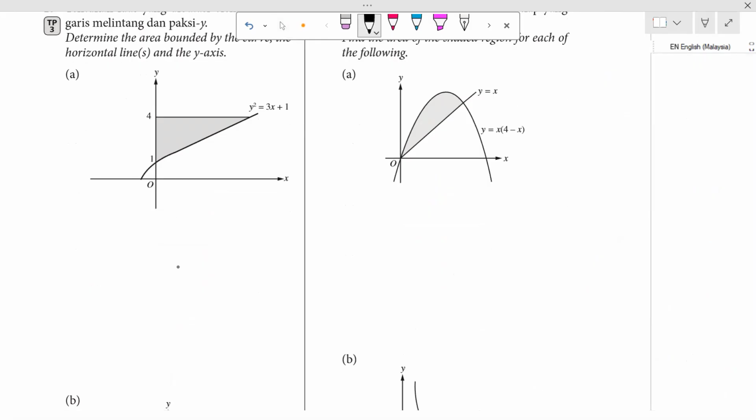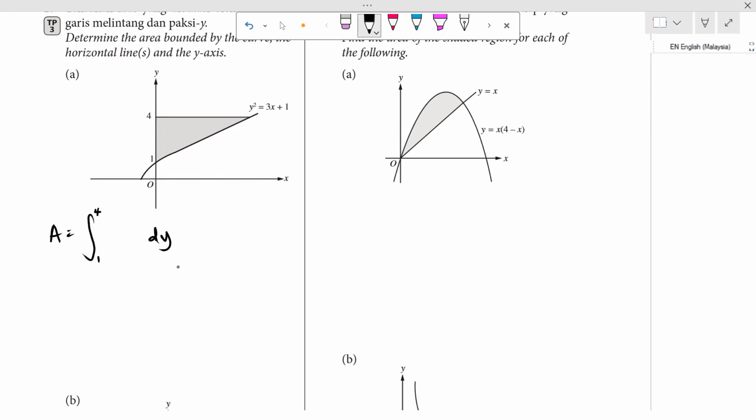So when it is towards the y-axis, we shall integrate dy, because when we shade this way, if it is towards the x-axis, you will see that the shaded region is towards the x-axis like this. So you must be able to identify, yeah? Right, if it is towards the y-axis, your boundary must be the y-axis. So it's very obvious here, it's 1 to 4.